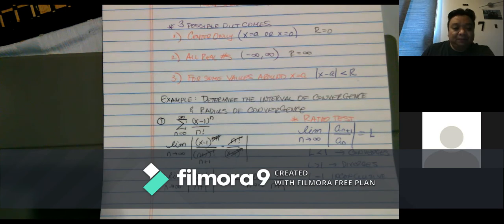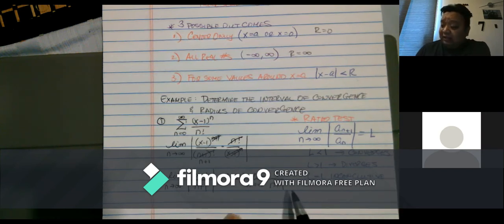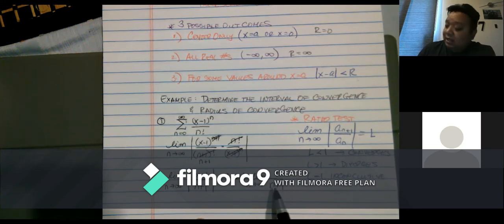Questions? All right, so now you take the limit as n goes to infinity of a rational function. The top number is fixed. The bottom number is going to go to infinity. And so 1 over infinity is going to go to 0, and 0 times anything is going to give me 0.